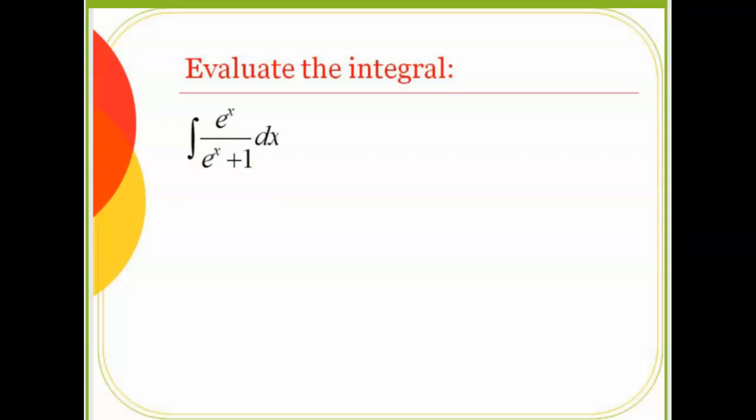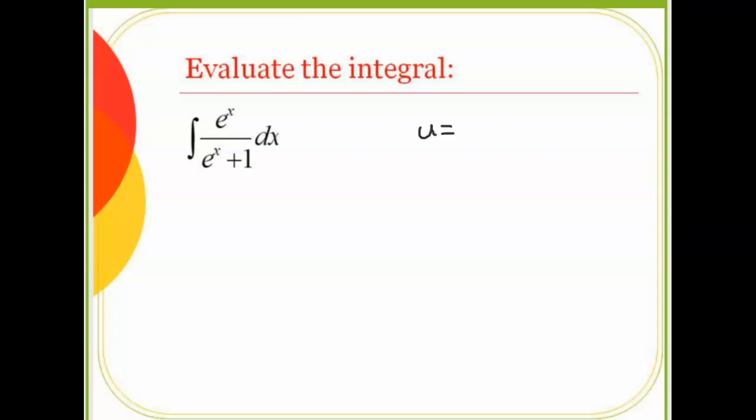E to the x plus 1 in my bottom and e to the x up top. Thoughts on what my u should be? What's the complicated stuff? The stuff in the bottom, right? That's the part you can't break apart.